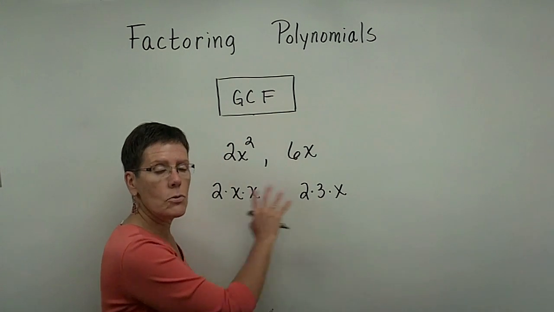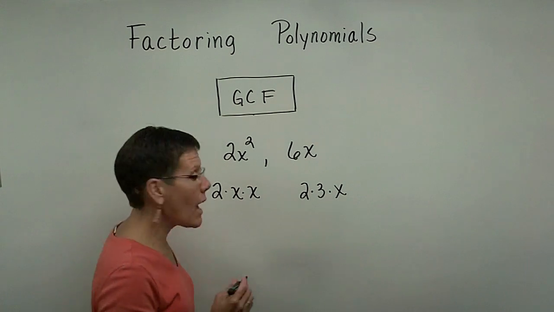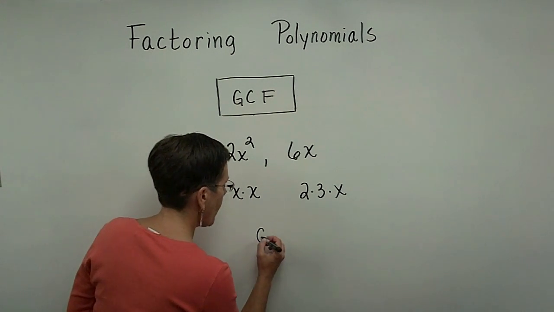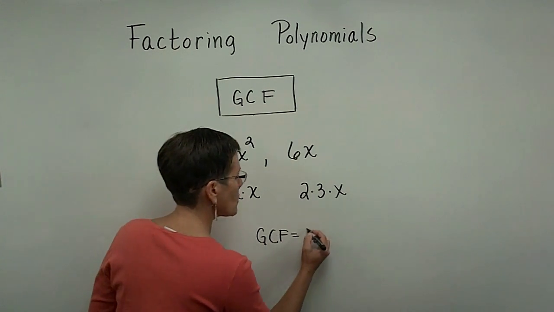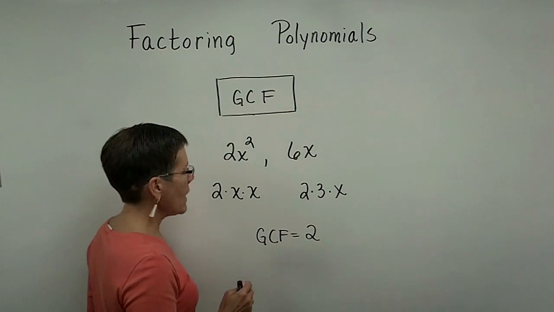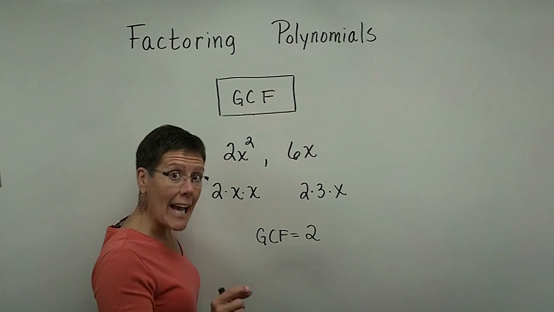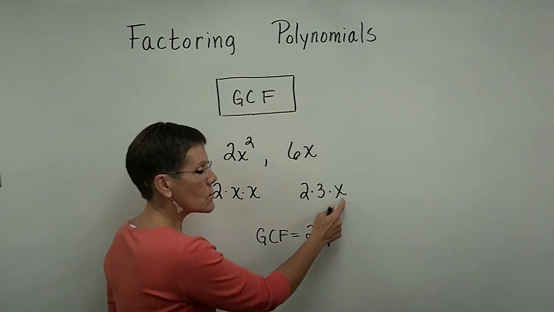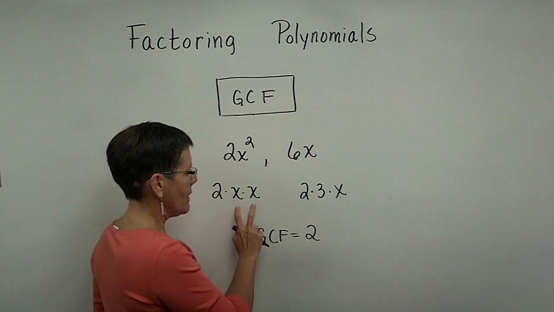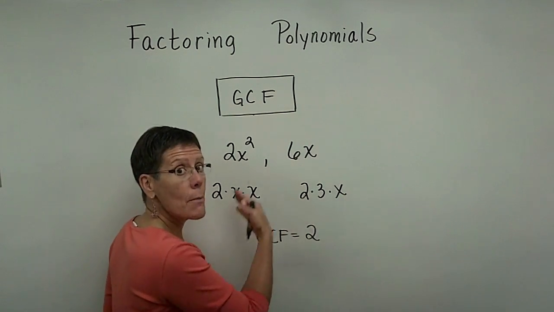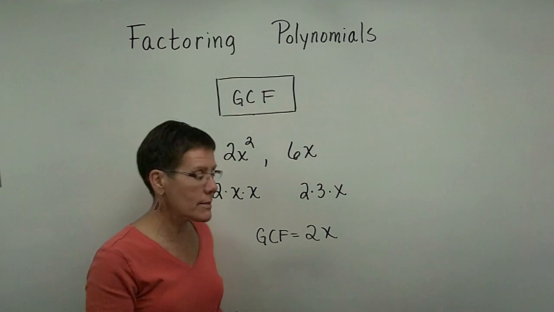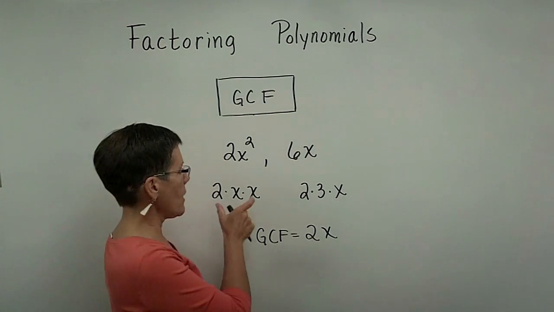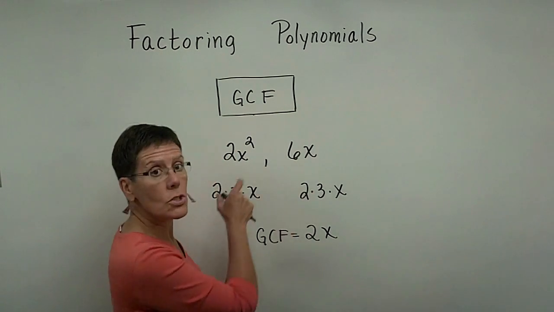You look in these 2 groups and see if they share anything in common with one another. Well, they both appear to have a 2 in them, so that's a common factor. And they both appear to have an x, but no more than that. This one does not have 2 x's. This one does. My greatest common factor of both of these is 2x. That is called my greatest common factor of these 2 terms.